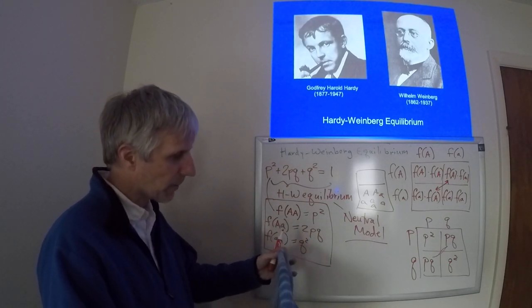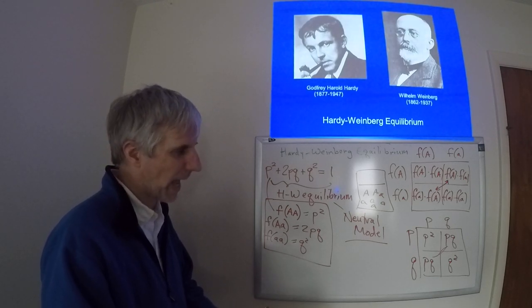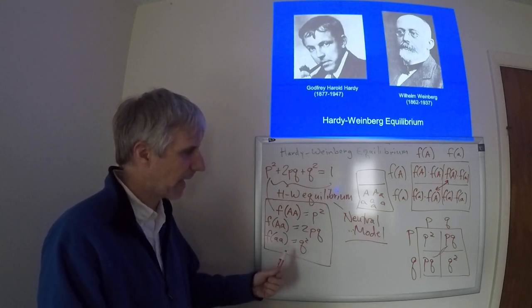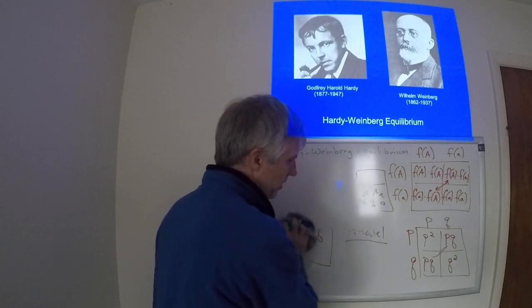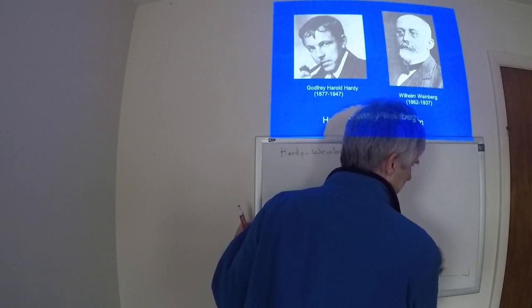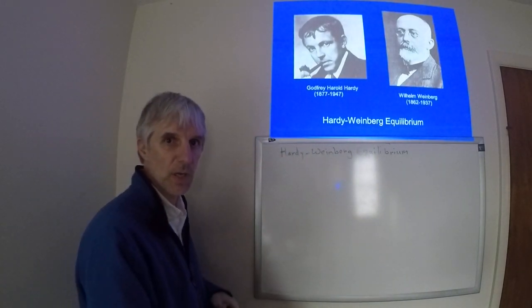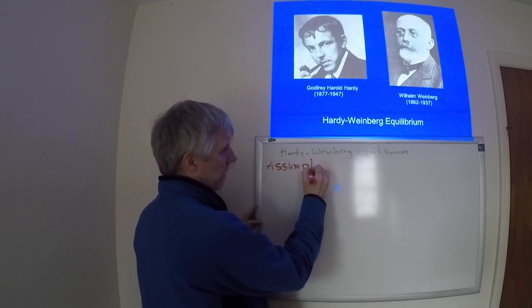What Hardy and Weinberg then did was come up with a list of things that you had to assume did not occur because they could alter the outcome. Okay? So these are referred to as the assumptions of the Hardy-Weinberg equilibrium.